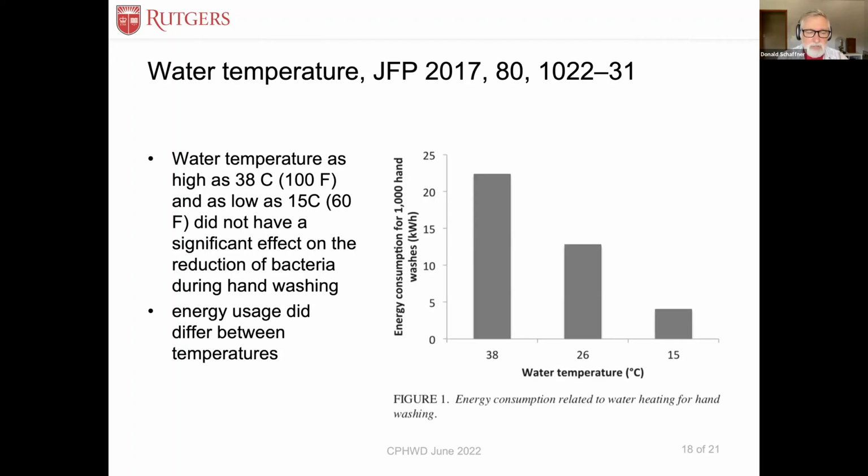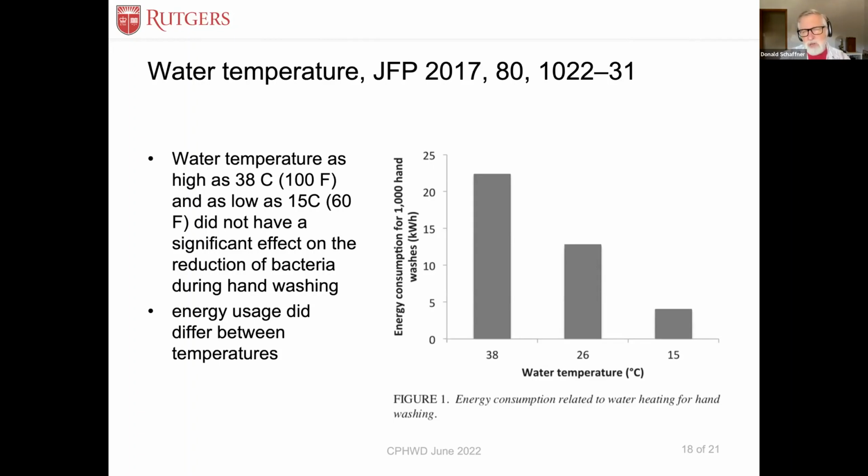What did we find in terms of the effectiveness of hand washing? Well, water temperature really did not matter. There is a lot of variability from person to person in terms of how we wash our hands and the effectiveness of the washing of our hands, but water temperature is not a key variable. You can have an effective hand wash in 60-degree water, in 80-degree water, or in 100-degree water.